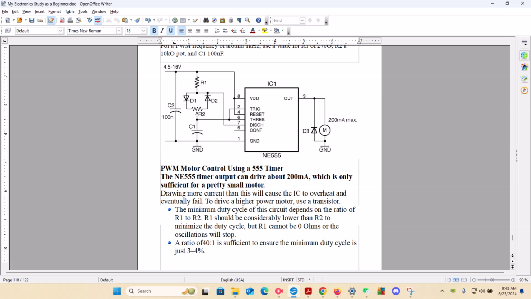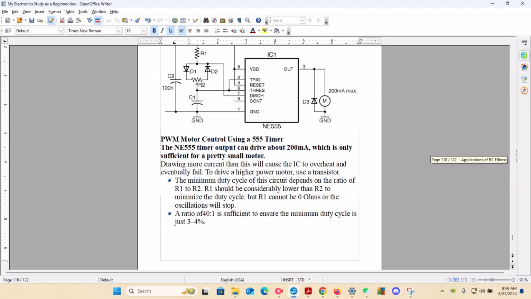Now, the power output is 200 milliamperage, which is only sufficient for a pretty small motor. Remember, this is milli, not mega. So that's 200 over 1,000. Notice that's lowercase m, that's milli, capital M is mega, which would mean a million.